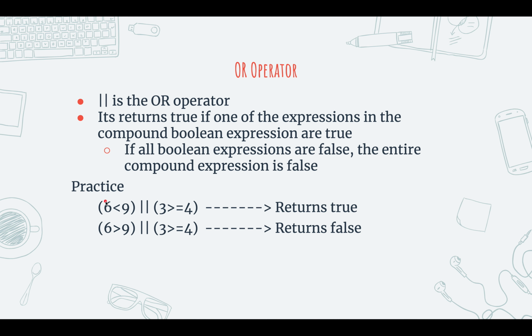We have true on this side and false on this side, so the entire thing returns true because we at least have a true on this side. Whereas with the AND statement, even if we had a true statement, if the other one was false, the entire thing would be false. But this is the logical OR operator, so as long as this is true, then the entire thing is true.